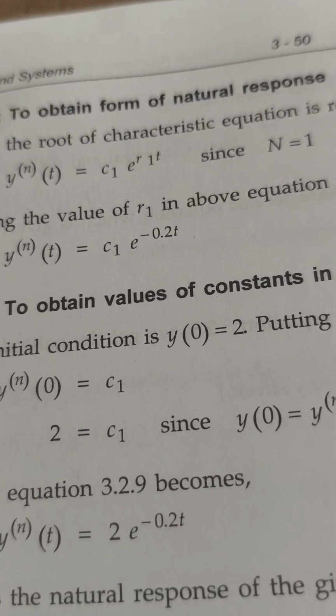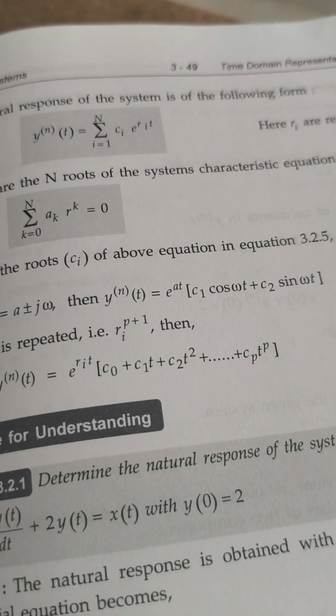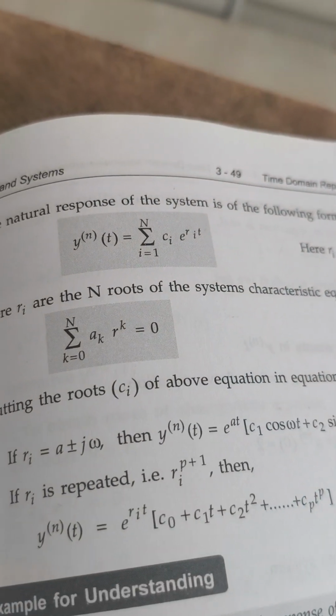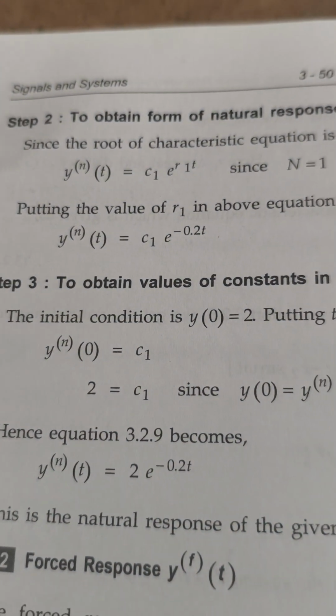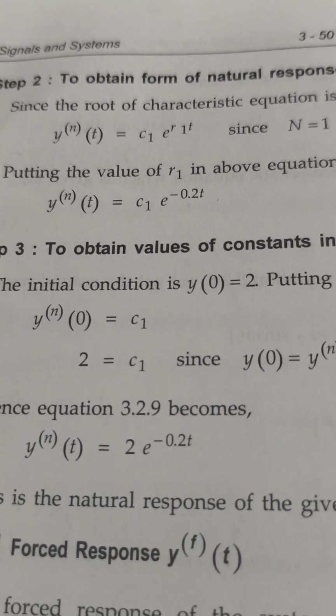Since here the value of n is 1, we substitute the values in this equation, and this is the form of the natural response, y_n.